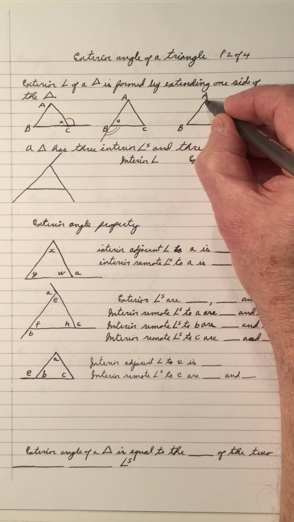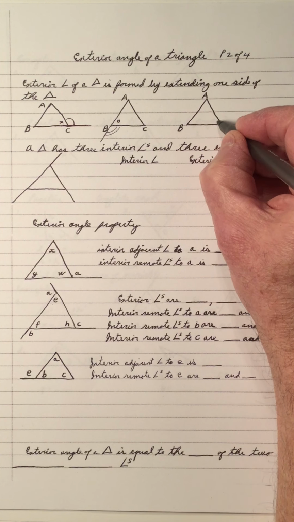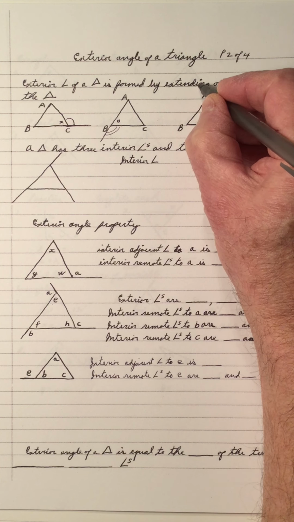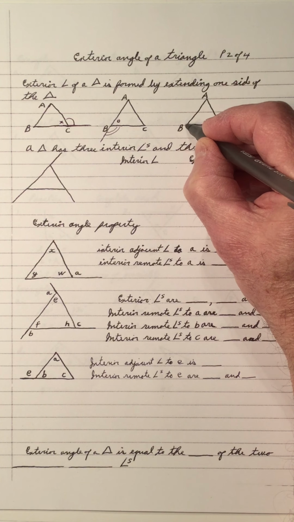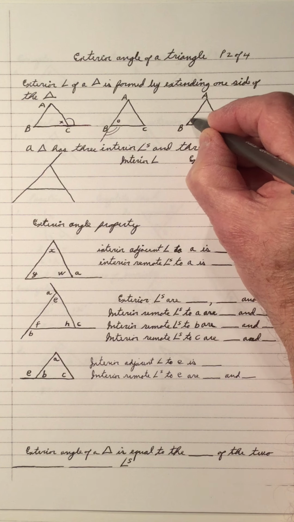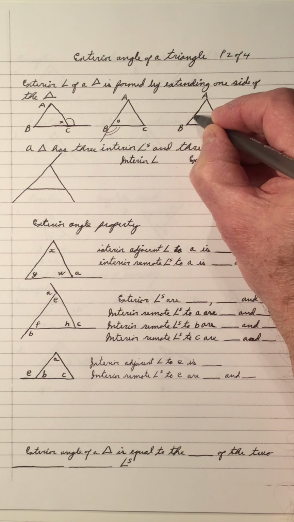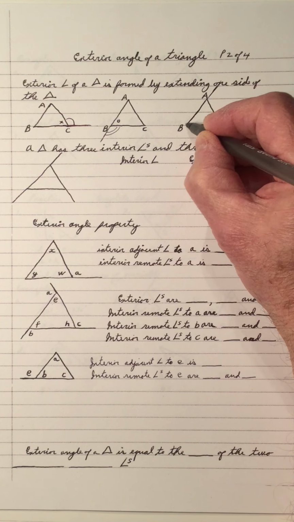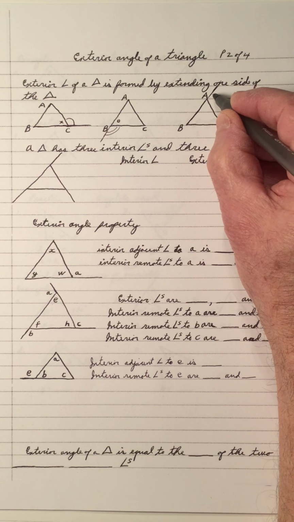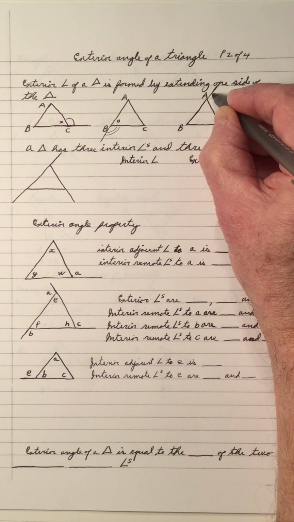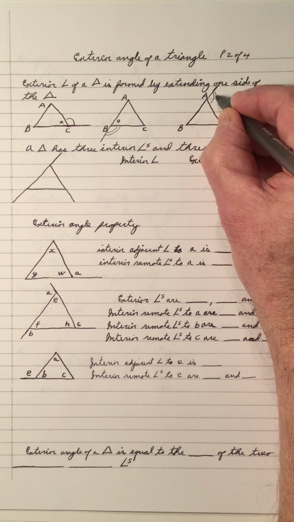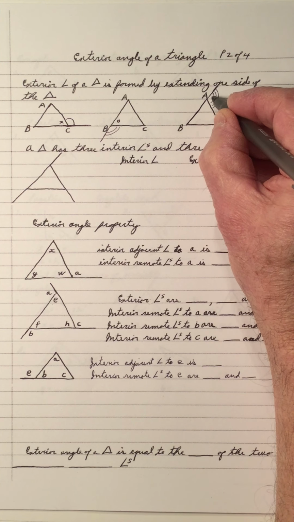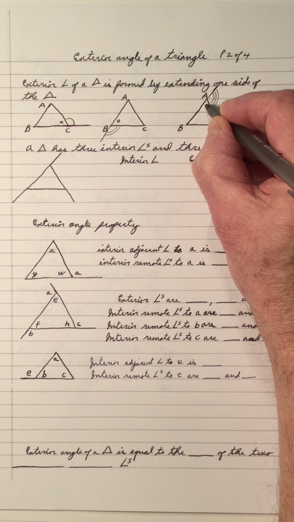And if I extend A out, I can extend from C up to A, or I can go from B up to A, so you can see it better. Let's go from B to A and extend A out along this side here. So the exterior angle at A right now is this one right here. This is the exterior angle, and this is the interior angle.